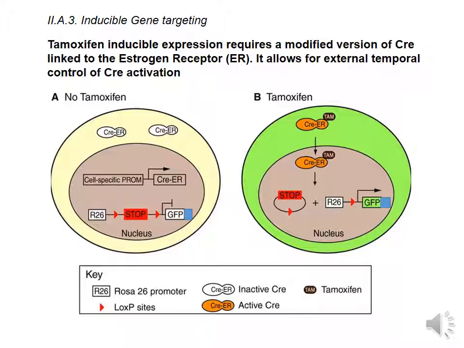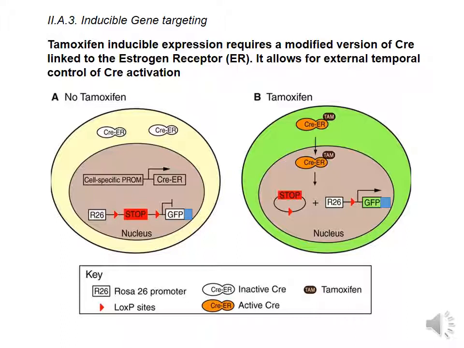We will also combine this animal with a Cre that is controlled under a cell-specific promoter. In the absence of tamoxifen, Cre is expressed but is retained in the cytoplasm because it cannot get into the nucleus. Therefore, this product will not be expressed.